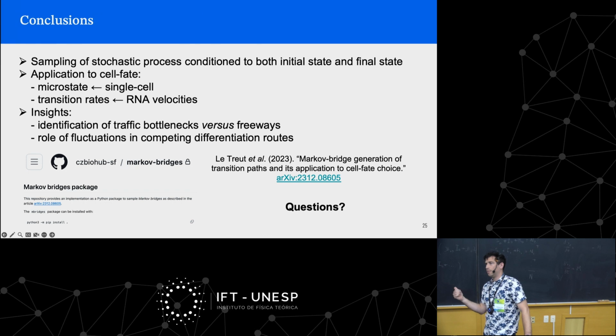Here the correction term is always there, and it is time dependent. It is computed because we know from the system the probability to end in the final state given your current state. So it is more expensive to compute, but because you run smaller simulations, overall it's faster and efficient.